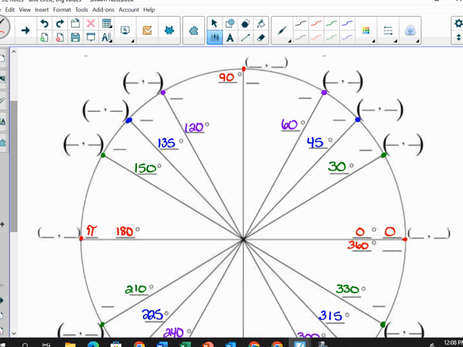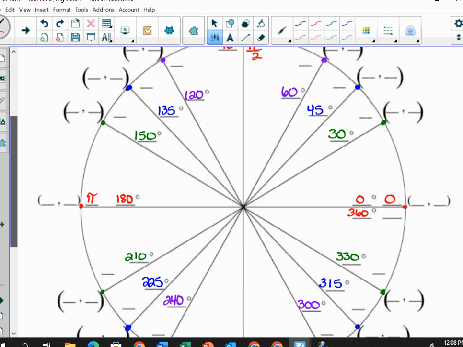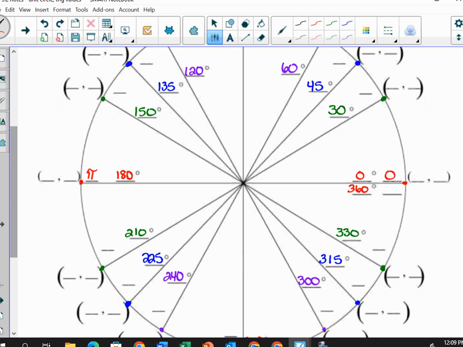So what will it be up at the top? Pi over 2, because 90 degrees is half of 180, right? So we've had 0, a half pi, pi. What do you think it's going to be down at the bottom? 2 pi's if we made it all the way around.